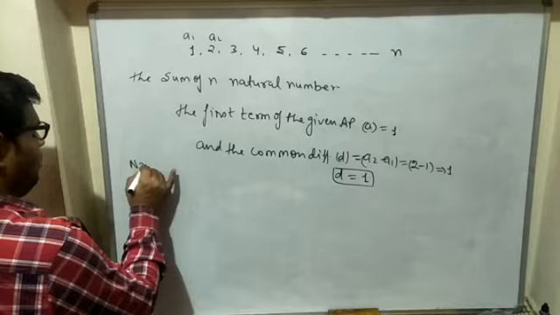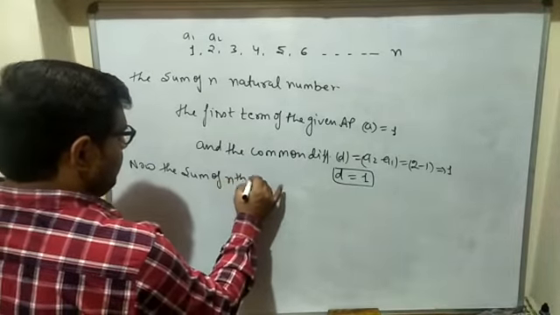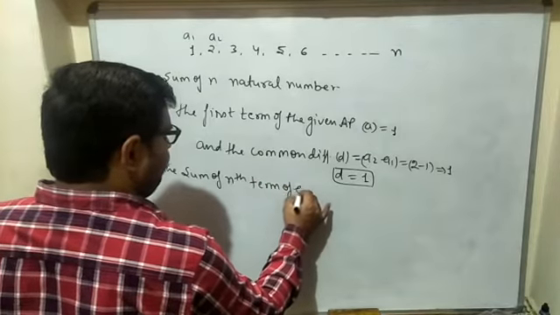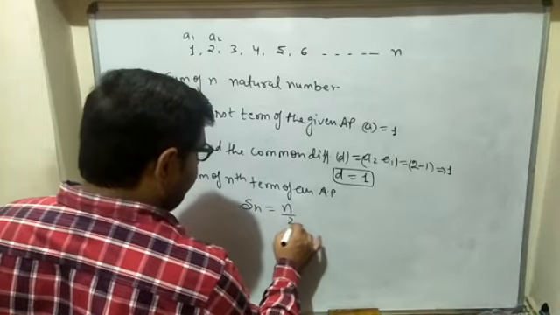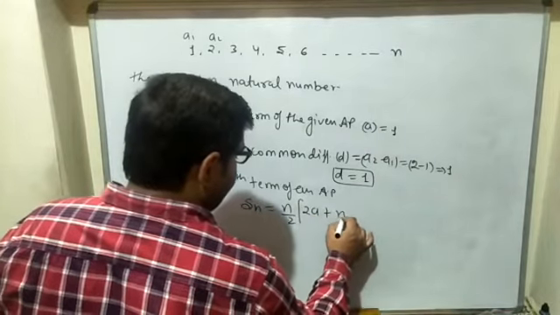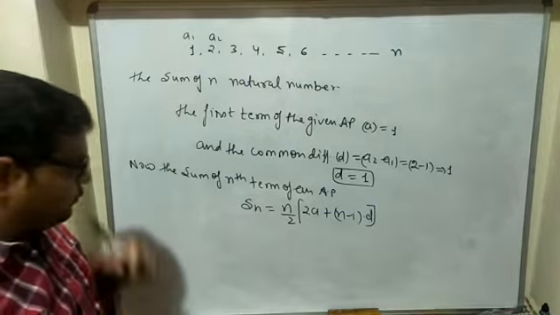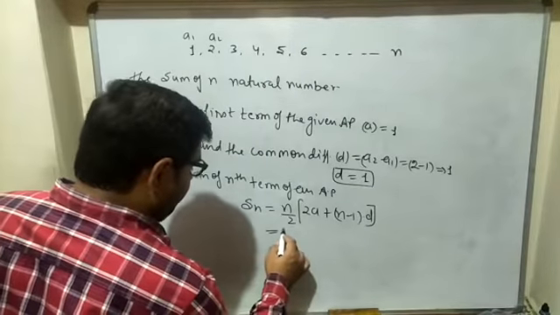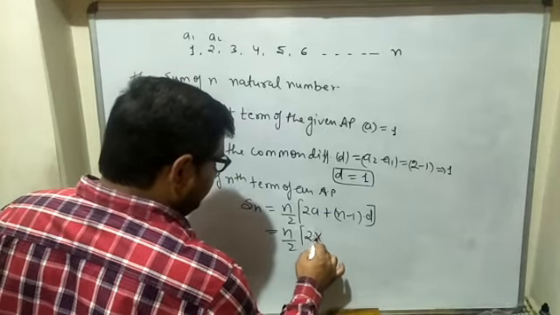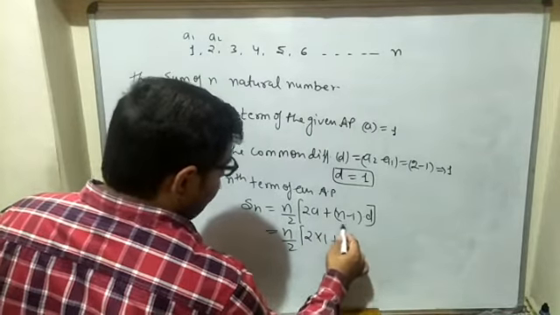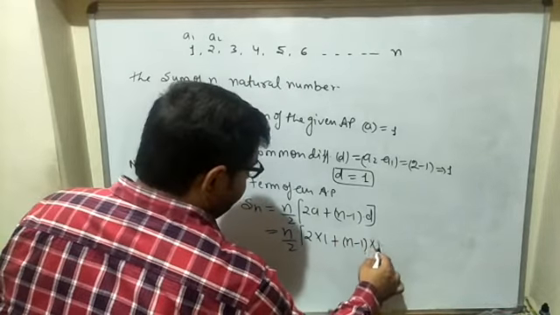Now we write down the sum of nth term of an AP, that is Sn equal to n by 2 into (2a plus (n minus 1) into d). Okay, so further the value of n we don't know, it will be n, and in place of a we can put 1, plus (n minus 1), we don't know the value of n but we know the value of d, that is 1.